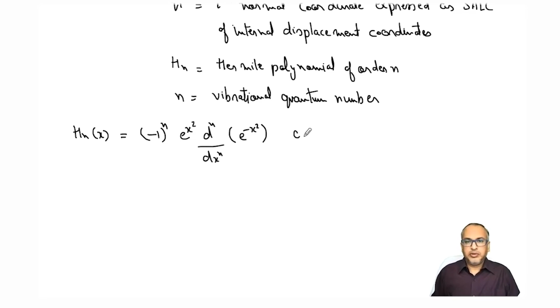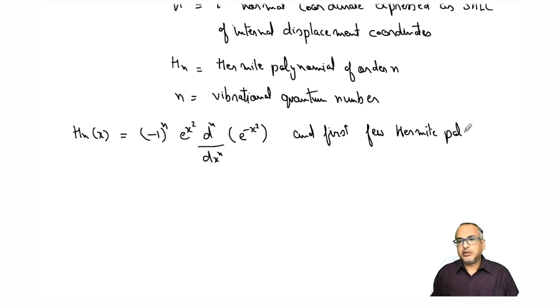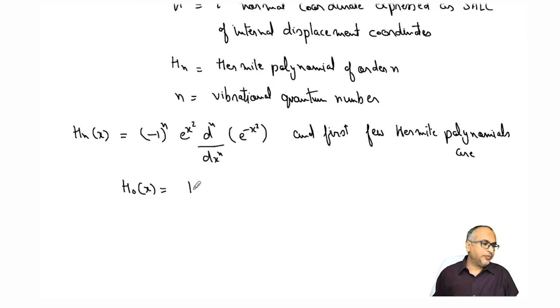And the first few Hermite polynomials are, so let's try to write down. So H0 of x is 1, H1 of x is equal to 2x. You can calculate it yourself, it is easy. I'm just giving you first few so that we don't need to calculate every time.